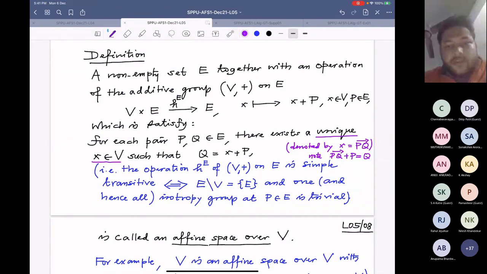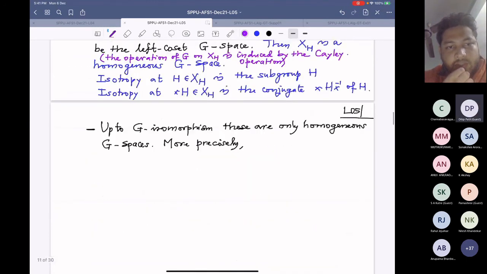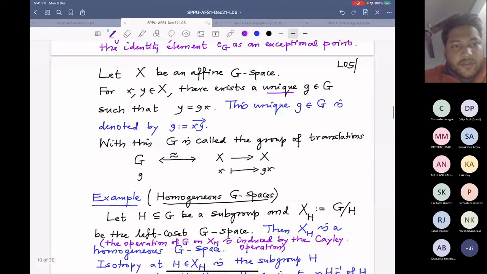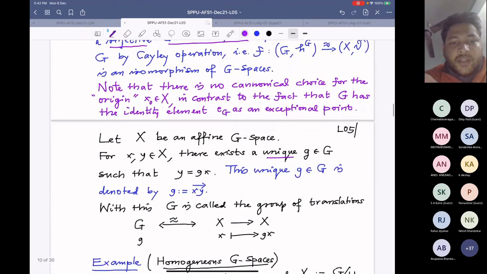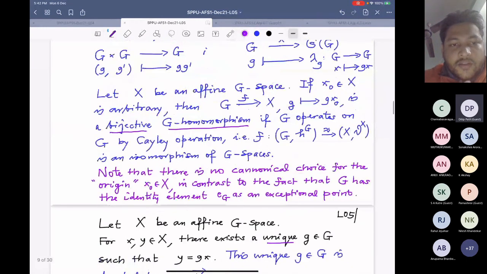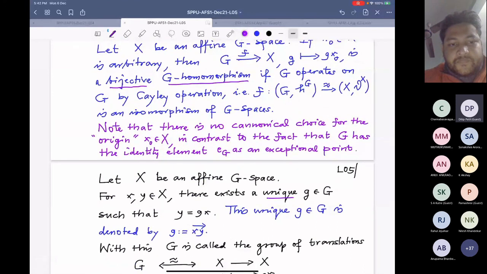Sir, in that previous note, can you scroll up a bit? Here. Yes, sir, there is a note you said. In this note, if you have any transitive action, then to give the isomorphism on all those points in that G set, I have to make a choice.